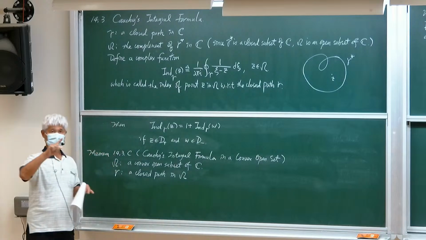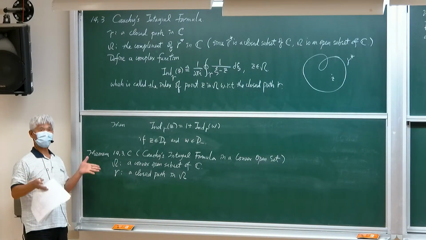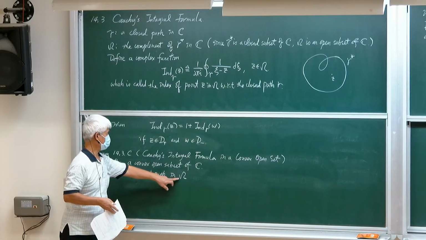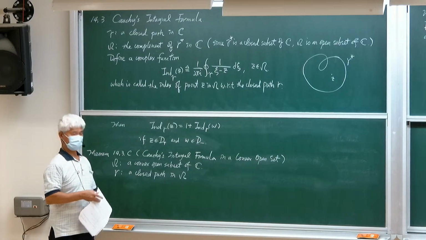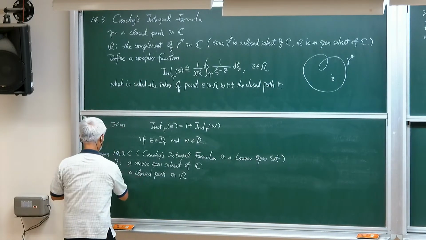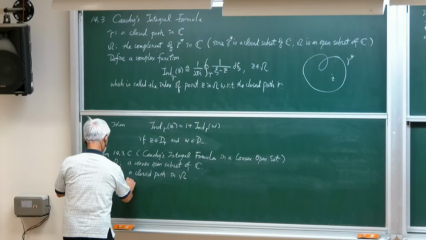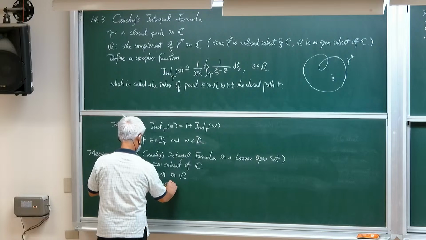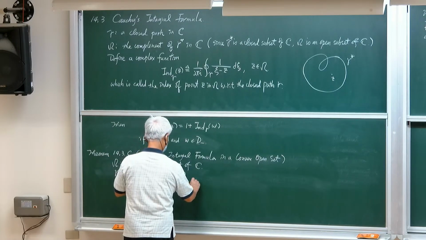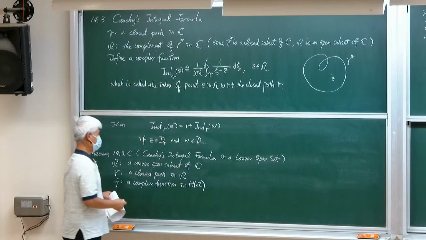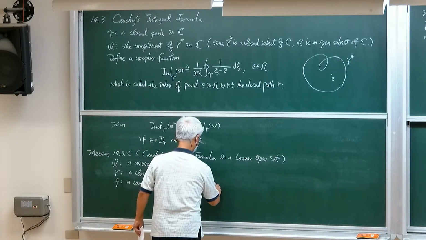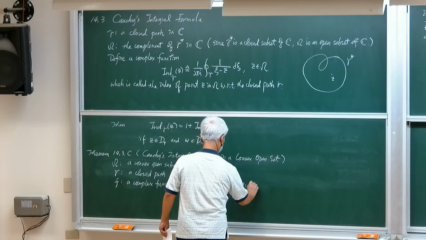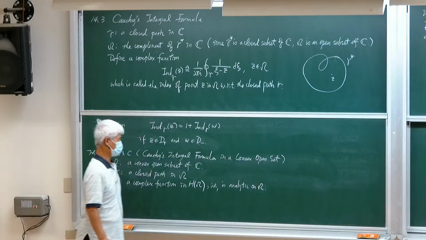Okay, so gamma star, the range of this closed curve, should be contained in this convex open subset. Okay? And f is a complex function in H(omega), which means that it's analytic on the complex open set. Okay.